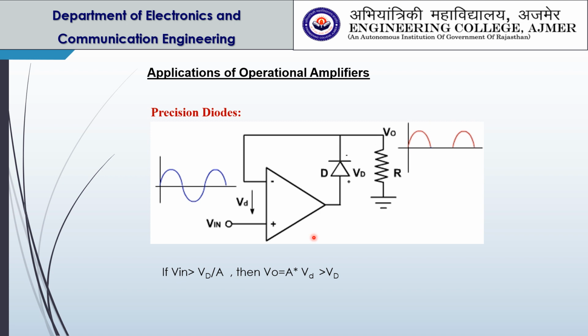And when Vin swings negative, for the negative cycle, the diode is off and no current is delivered to the external load. So by reversing the diode, the active negative diode can be made.